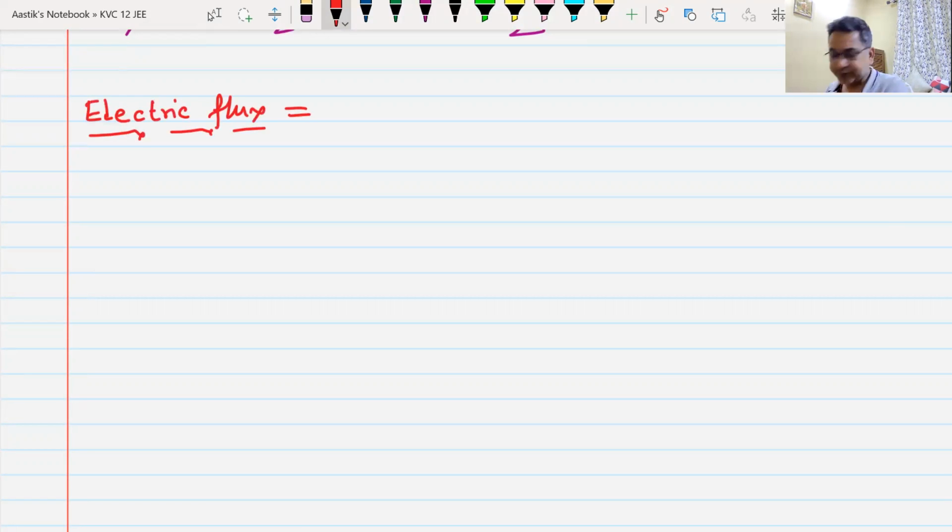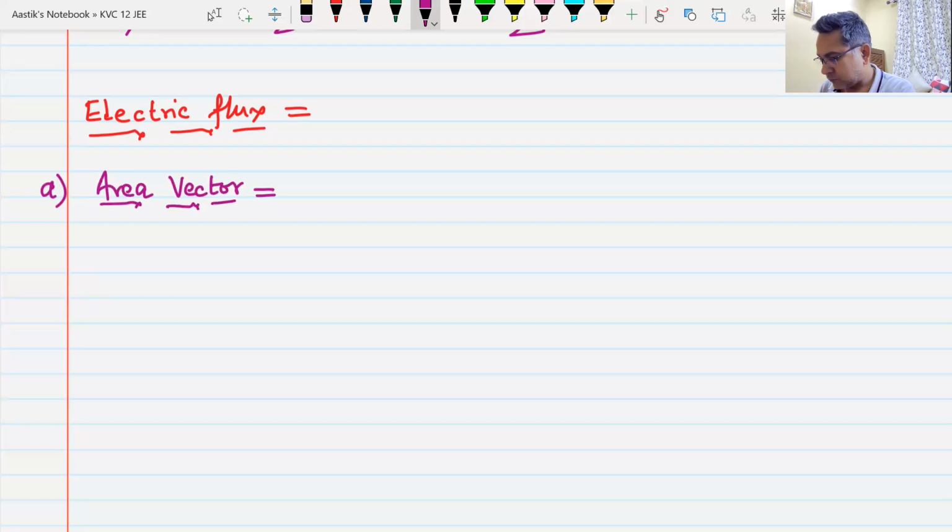As soon as we get into this topic, the first term that we have to understand is known as area vector. Have you heard about this term, area vector?